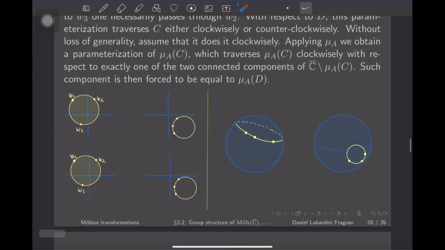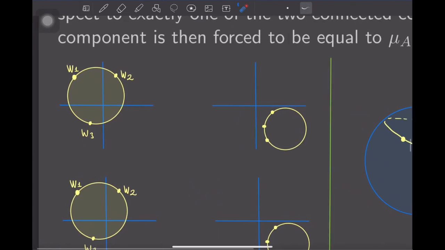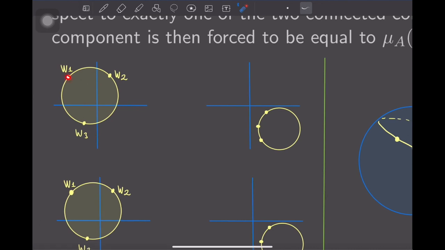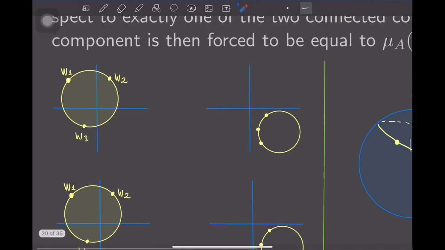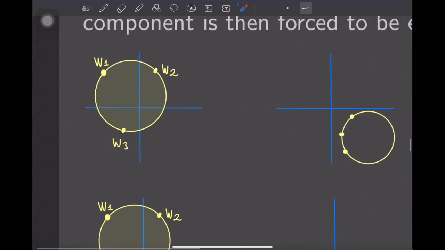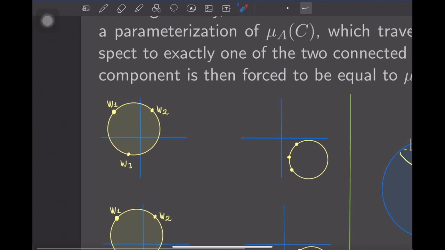So suppose that what I know is these 3 points, and I know the images. And then just from that, I would like to know whether this one goes to this one or to this one.